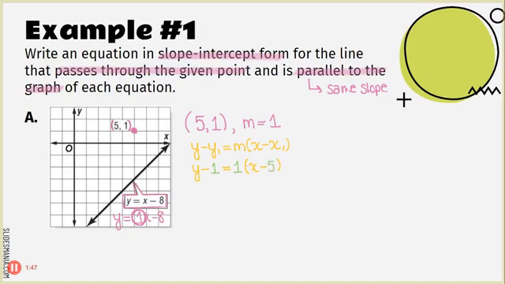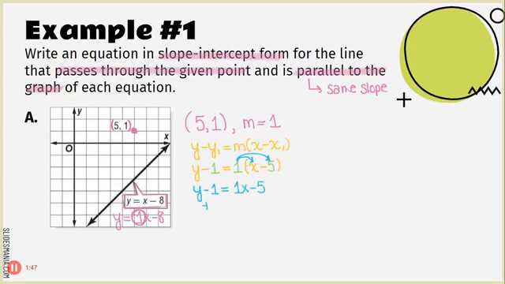Then we put this in slope-intercept form by distributing first. We distribute that 1, so we get y minus 1 equals 1x minus 5.